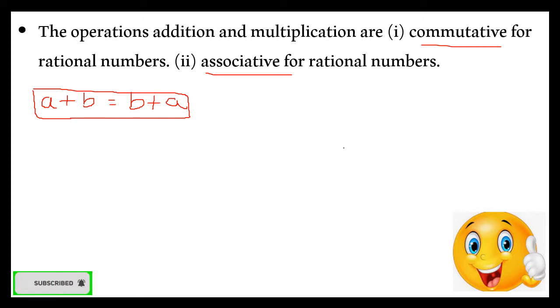For example, your a is 1 by 2 and your b is 3 by 2. If you add 1 by 2 and 3 by 2, your result will be 4 by 2, and that is 2 here. So either you write 3 by 2 first and then 1 by 2, the result will be the same. That's why we say that addition is commutative for rational numbers.